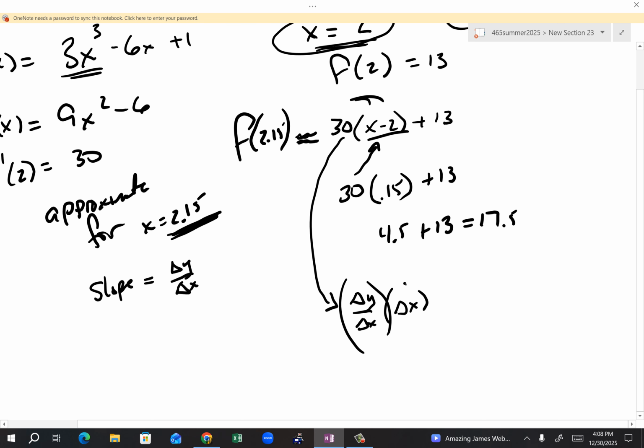In our case, it's 15% of the slope. Instead of going up 30 over 1, we're only going over 0.15. Well, if we're only going over 0.15, we're only going to go up 4.5.